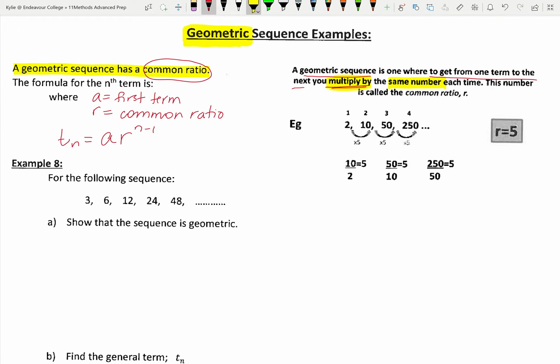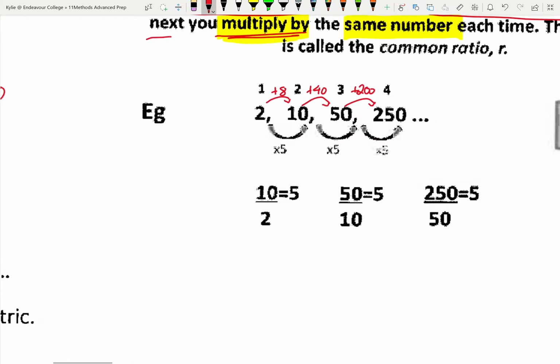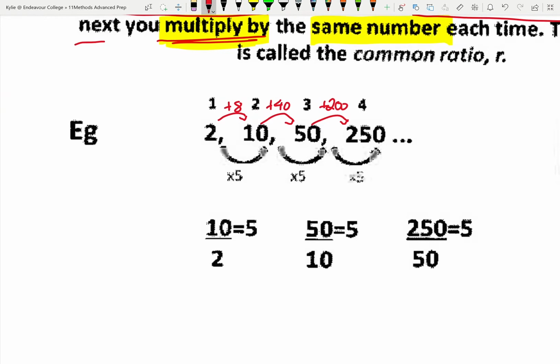You can see in this example that to get from 2 to 10, if you were thinking it was an arithmetic sequence, you would go, oh, 2 to 10, that's plus 8. But to get from 10 to 50, that's plus 40. And to get from 50 to 250, that's plus 200. So clearly, it's not an arithmetic sequence, because the difference is not common between each pair of terms.